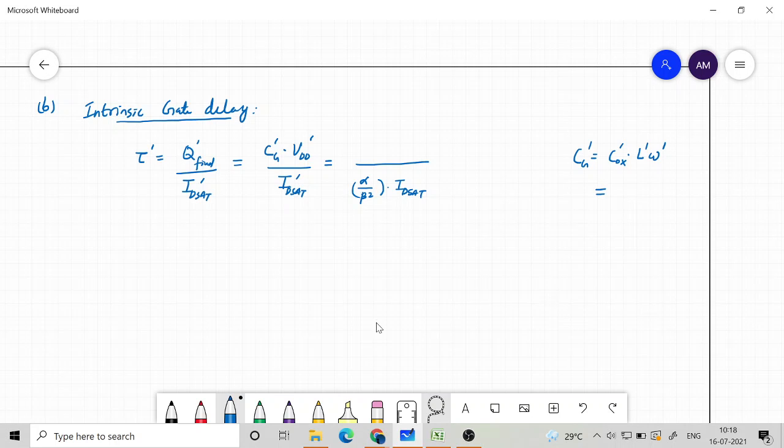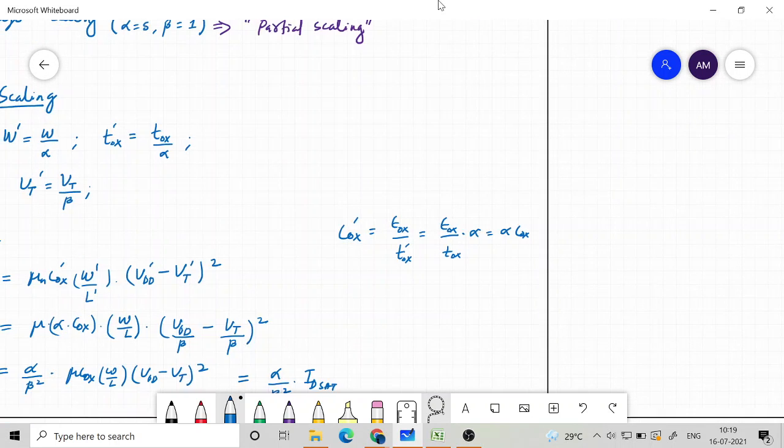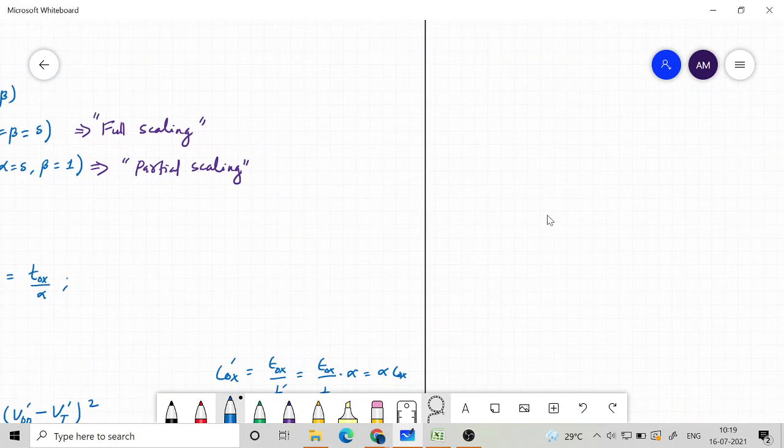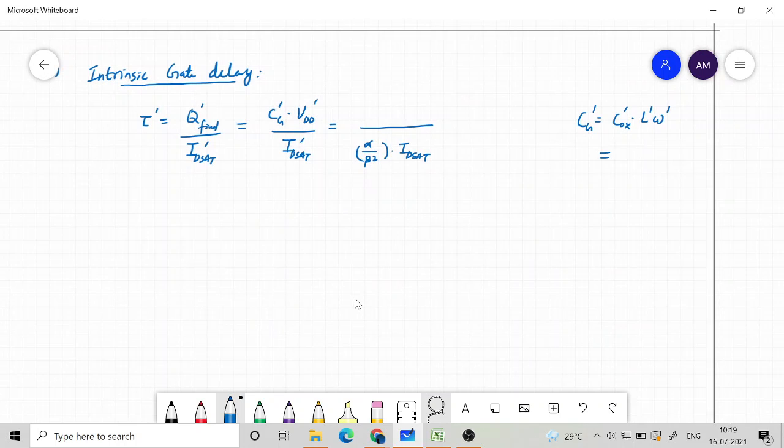Okay, so Cox dash, I think we have found it out, is basically alpha Cox, and then L into W, so that will give you alpha cube Cox into LW, so that is our old Cg.